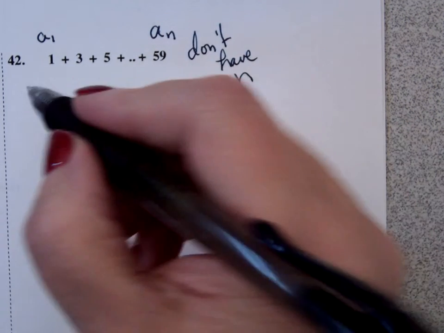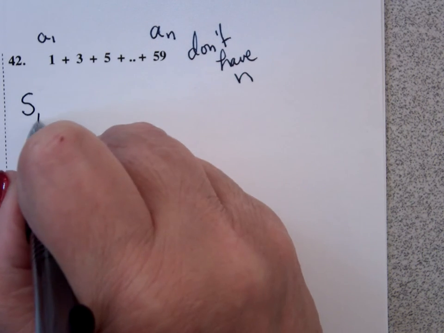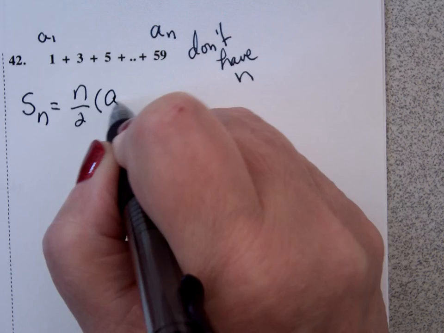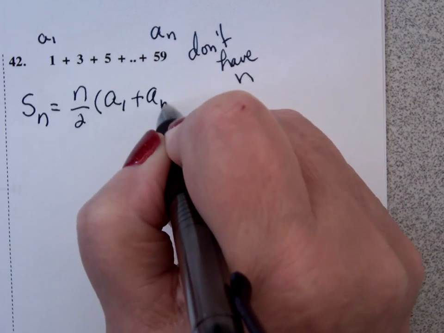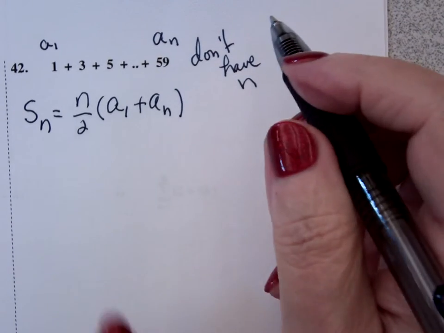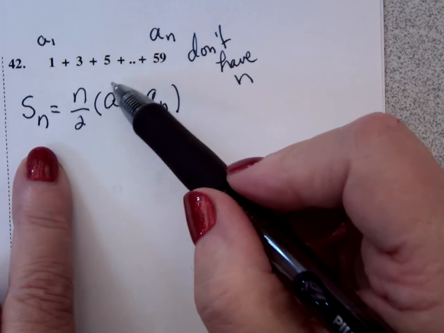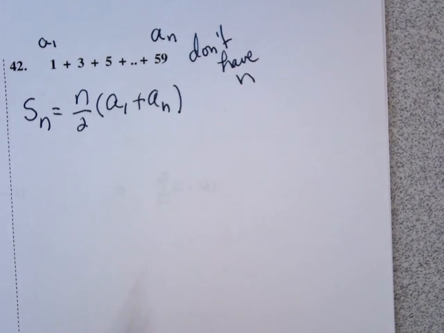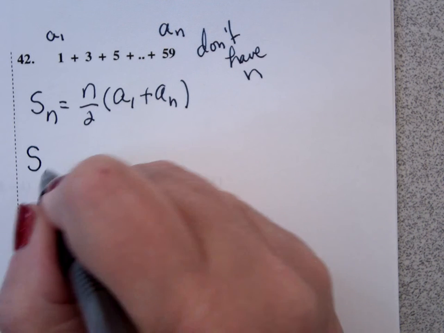So that says I can use this formula that S sub n is n over 2 times a sub 1 plus a sub n, and I have n as a variable, a1 and an. I don't know what n is, but I do know I need to know what n is.